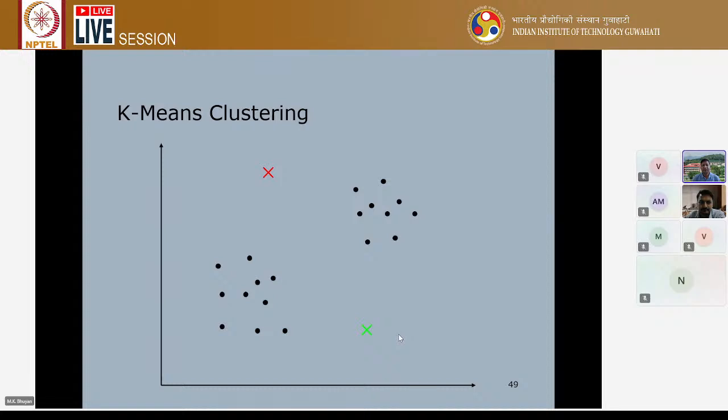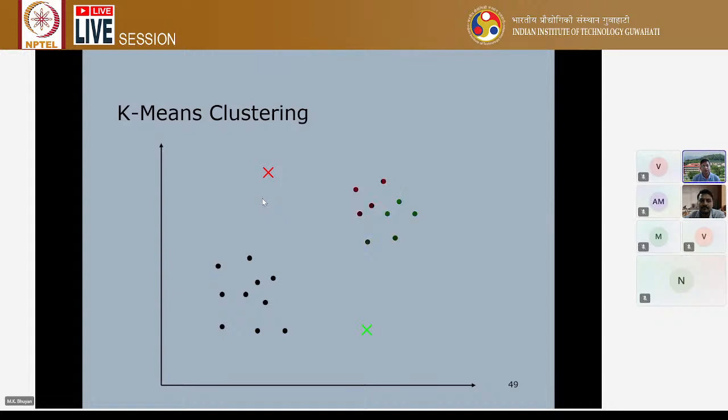After this, I have to find the distance between the data points and the centroids. Suppose for one particular data point, the distance to the red is minimum as compared to the green. That means I have to assign that data point to the red centroid.